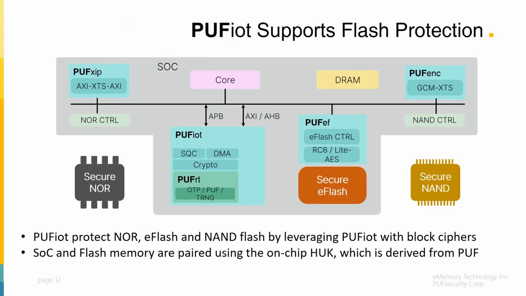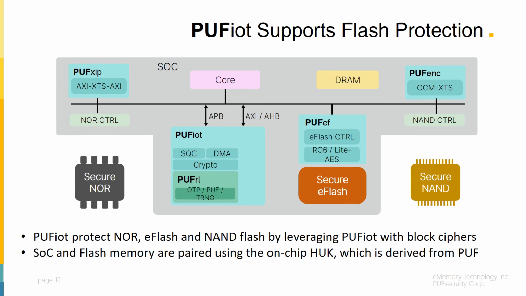This page introduces another important application of PUFiot, which can assist the data protection of flash memory. A SOC system usually has three kinds of flash memory, namely embedded flash, NOR flash, and NAND flash. Normally, NOR flash is used to store code and firmware, so it needs quick random access and code execution.